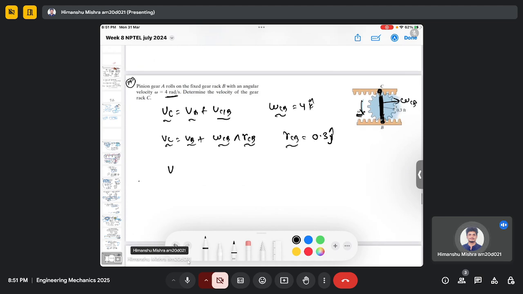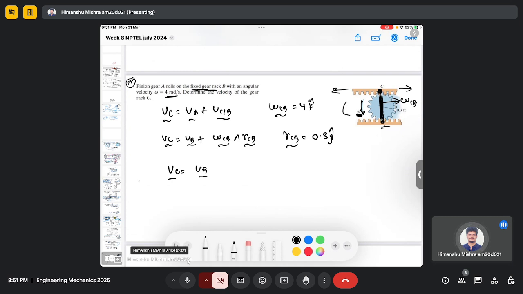So my Vc equals Vb, and Vb is fixed because it is written that at B this gear is fixed, only this gear is moving either in the left or right hand side direction.